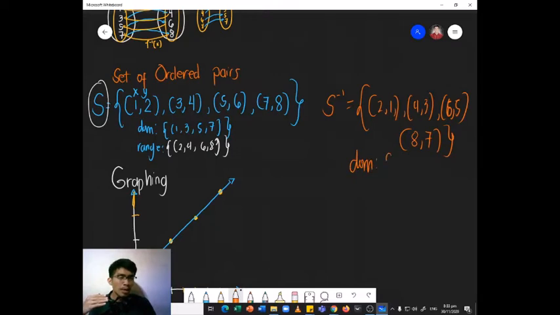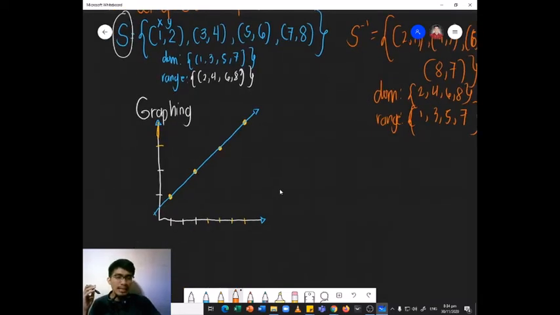My domain now is different, which is the range in the original function: 2, 4, 6, and 8. And for the range, these are 1, 3, 5, and 7. So that's how we treat the inverse of the function with respect to the representation called set of ordered pairs. That's how we do it, ladies and gentlemen.